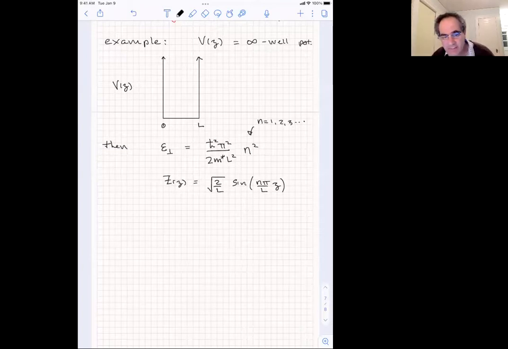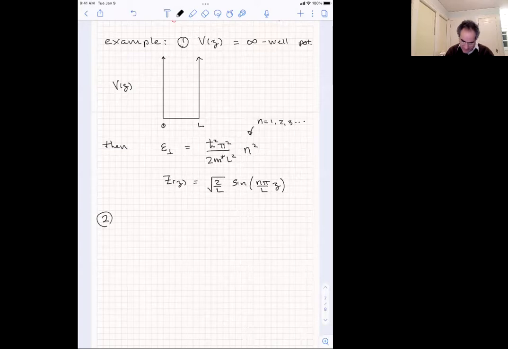Or again, it's such a simple problem, we can work it out on one side of one sheet of paper. So the perpendicular energy and the perpendicular part of the wave function look exactly like they do for a one-dimensional particle in a box. Okay? So this part of the problem is very easy.